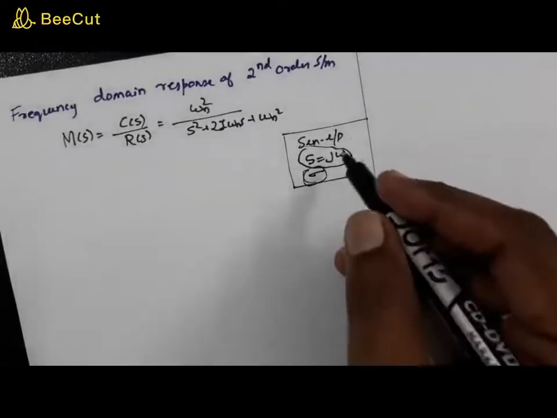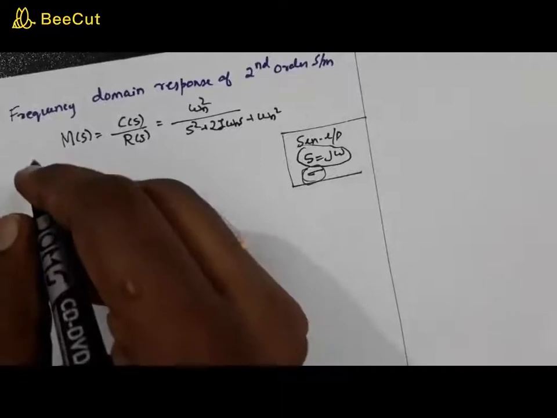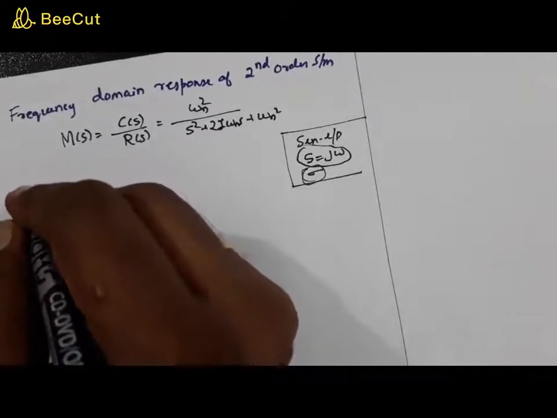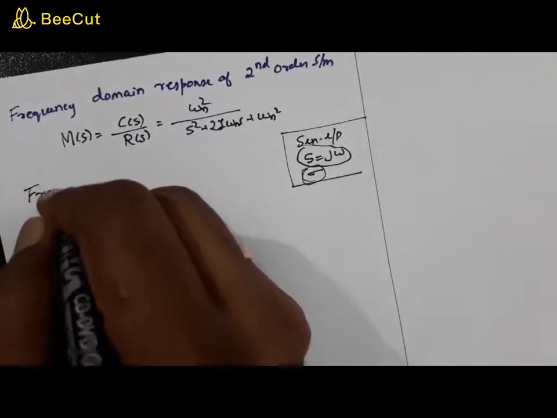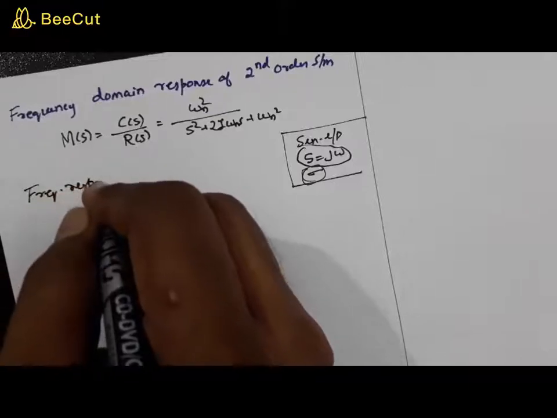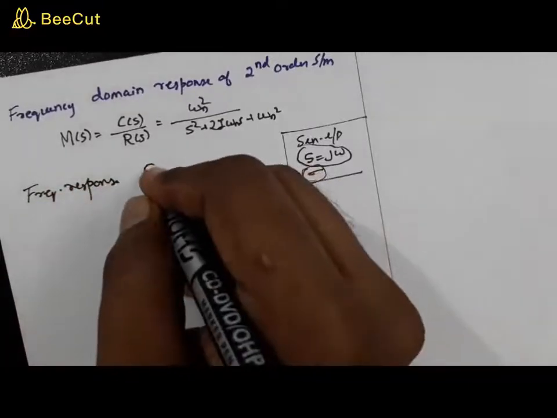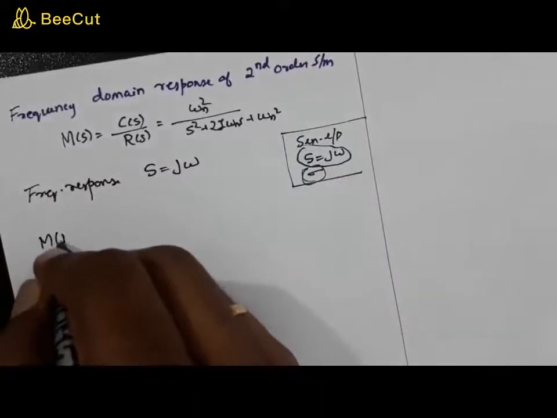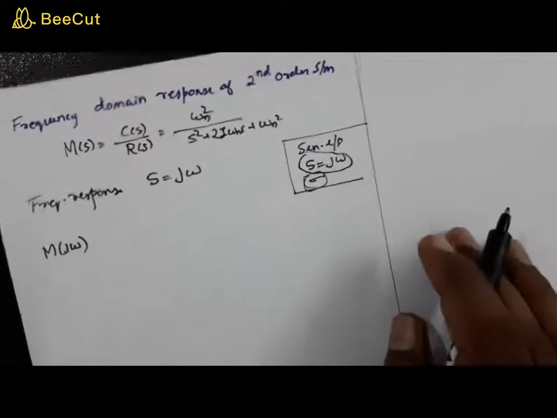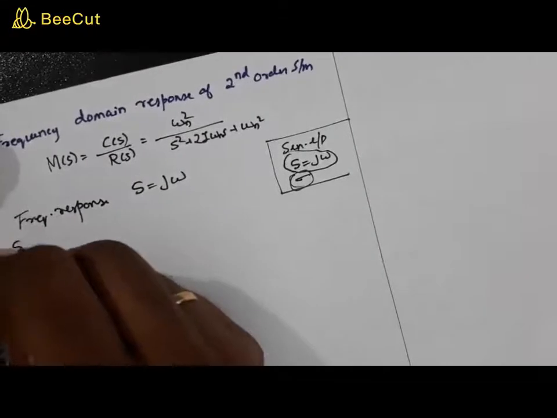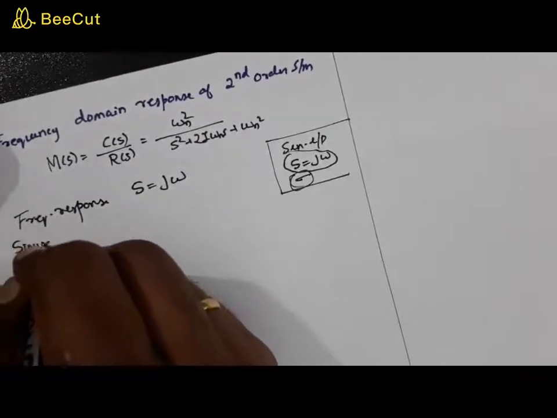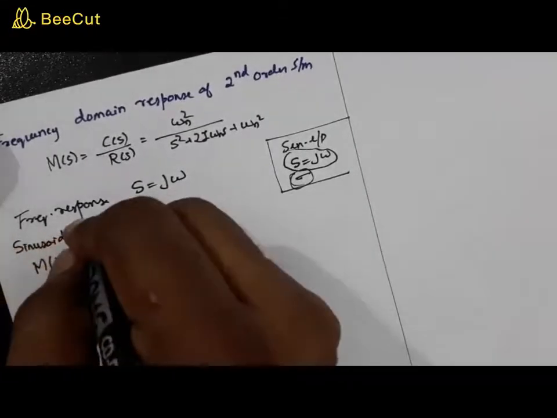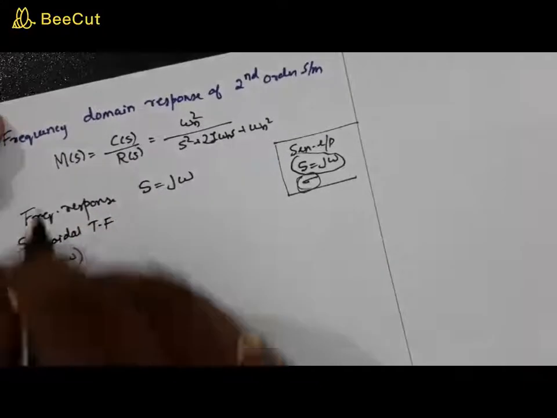So in order to obtain the frequency response, very important, put s is equal to j omega. That means you will get what we call the sinusoidal transfer function. Hope you understood how to get the sinusoidal transfer function.